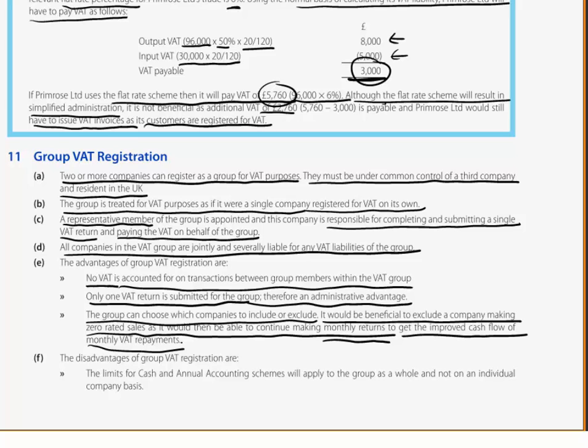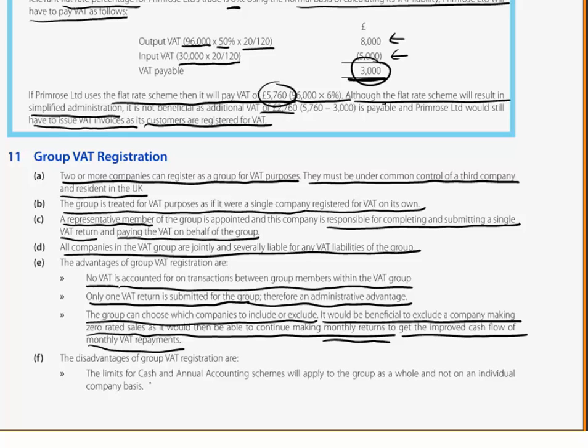Now that would not be an expected answer, because partial exemption is not within your syllabus, but it would certainly be a valid answer if you were asked to think in terms of reasons why you might choose to leave one of your group companies out of a group VAT registration. If a company makes exempt supplies, bringing it into the group makes the group as a whole partially exempt. That will impact on the group's ability to recover its input tax.